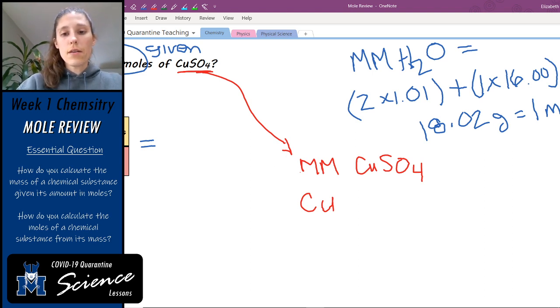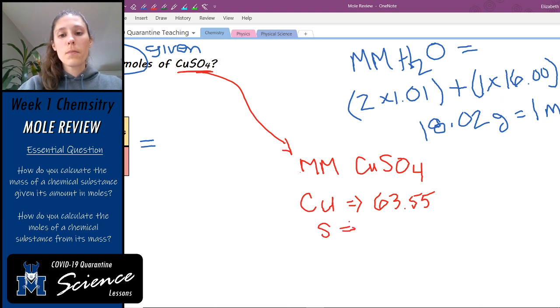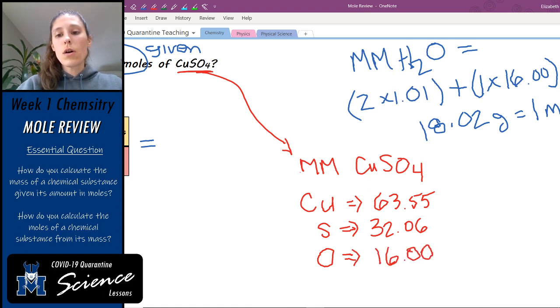If you find copper on the periodic table, the atomic mass of copper is 63.55. Sulfur is 32.06. And oxygen we already knew from the other practice we were doing, oxygen is 16.00, but we have 4 oxygens, so we're going to end up multiplying that by 4.